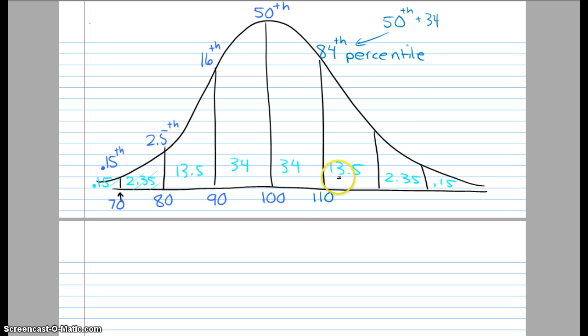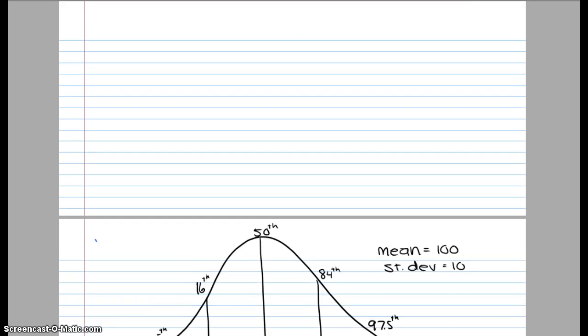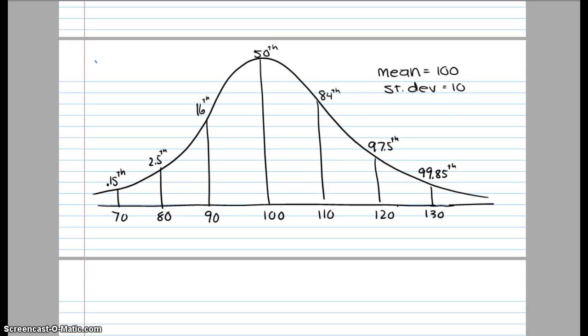Add that 13.5 to the 84, and we have the 97.5th percentile is the score of 120. 130, what's that percentile? Well, we're going to take this 97.5 and add the 2.35, and that gives us the 99.85th percentile. And there we go.